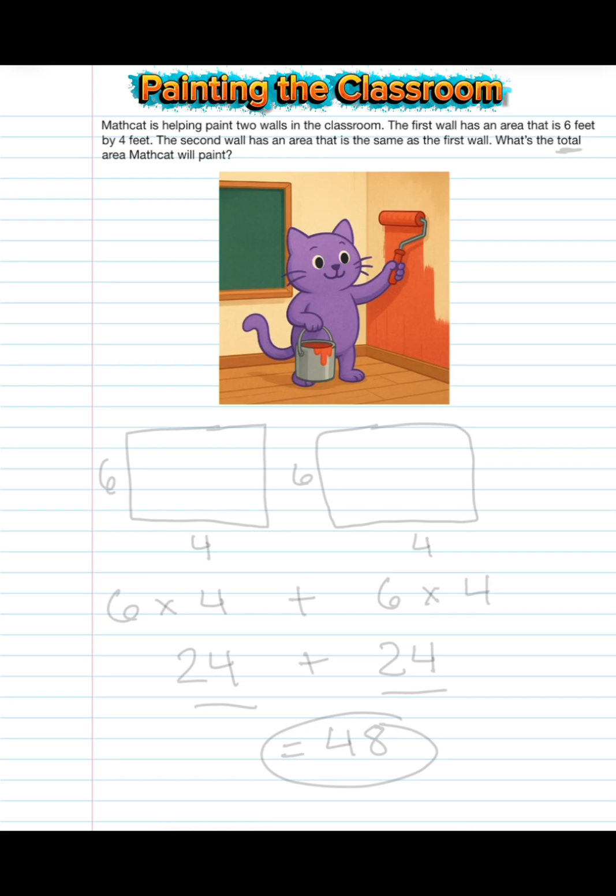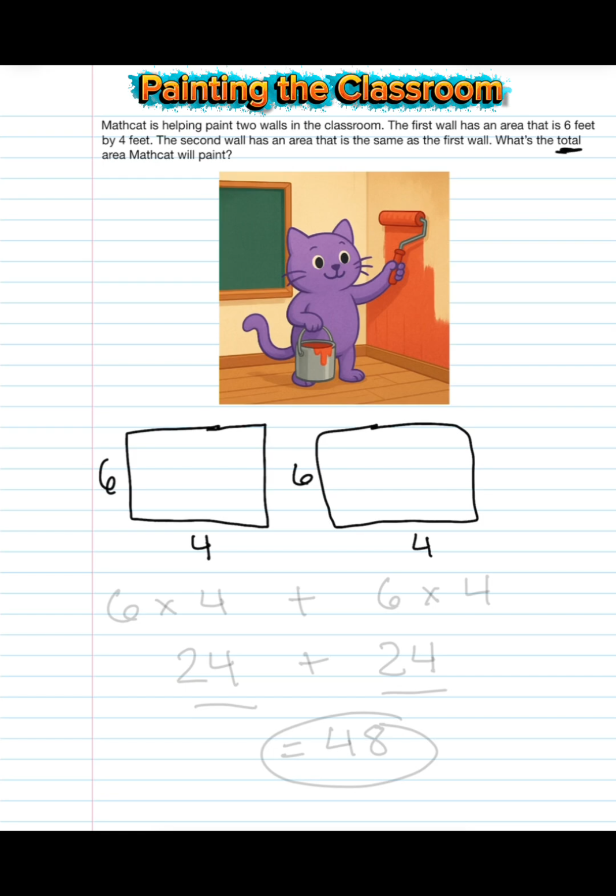So let's draw a picture of our wall. We have 6 feet by 4 feet. And we have another wall that's the same size, 6 feet by 4 feet. The second wall we know is the same size as the first wall. So what's the total area?